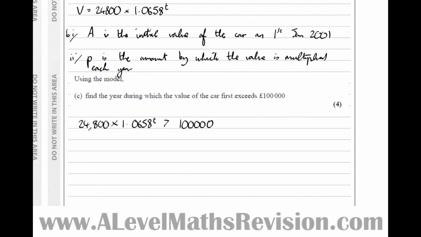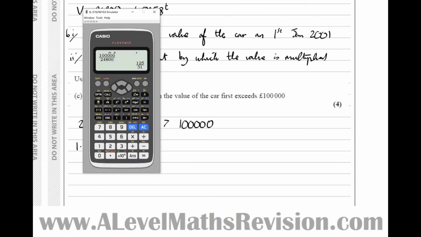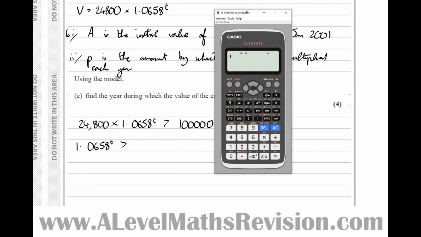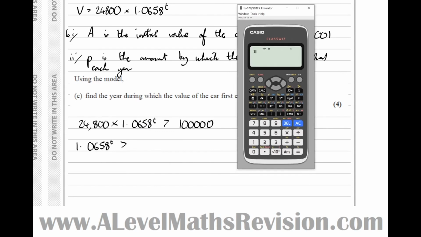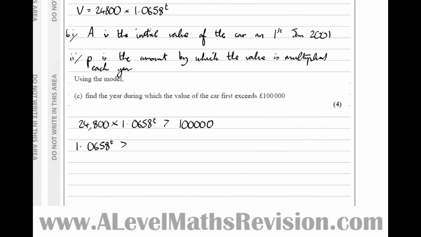Okay, so first of all, dividing by 24,800, we get 1.0658 to the power of T is greater than, then let's do this on the calculator. So 100,000 divided by 24,800 equals 125/31.